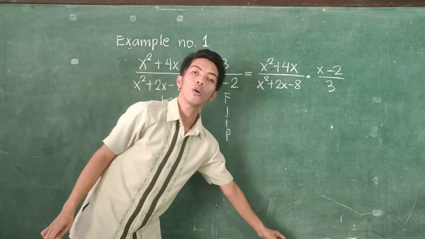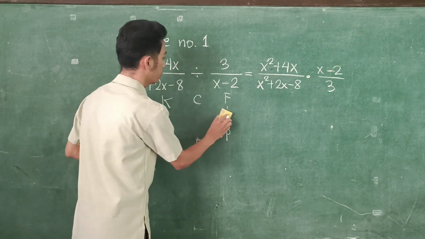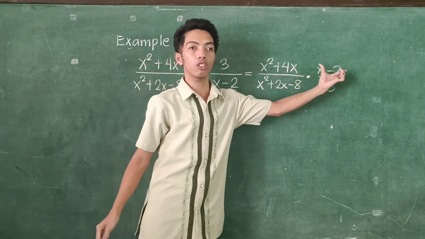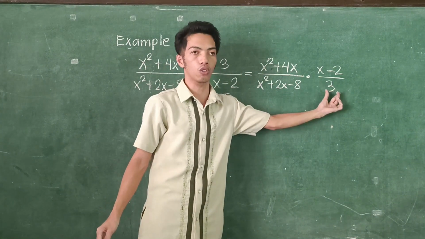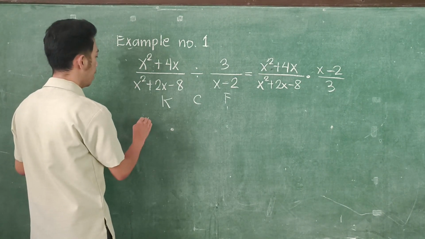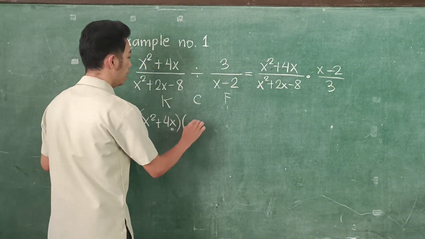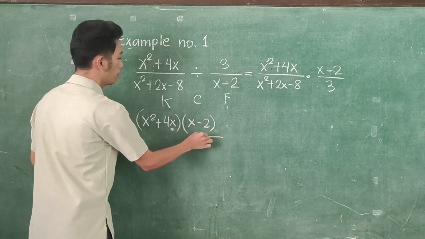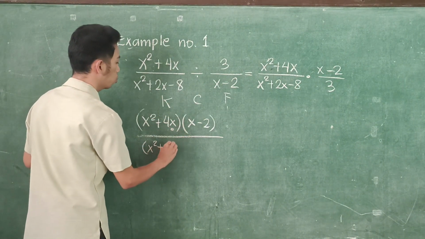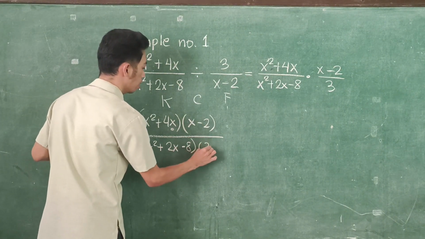Okay, so now we will proceed with multiplying rational algebraic expressions. So in multiplying, we need to multiply the numerator by numerator and denominator by denominator. So mas madali kung i-factored form muna natin siya. So we have here x squared plus 4x, then multiplied by x minus 2, divided by x squared plus 2x minus 8, then times 3.